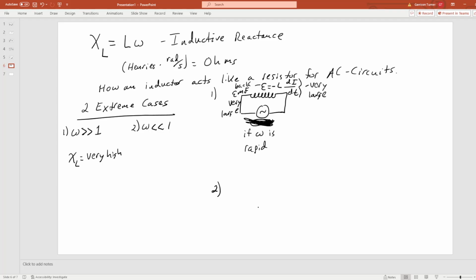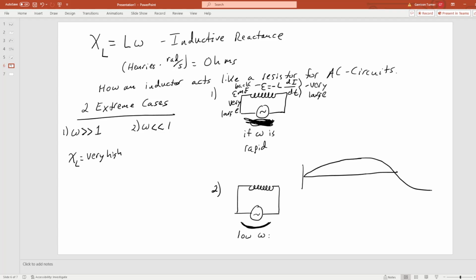If this is case 2, then if this is a very, very slowly varying current, or I really should say voltage source, if this is a very, very low omega, then that means that my voltage is very slowly varying, right?